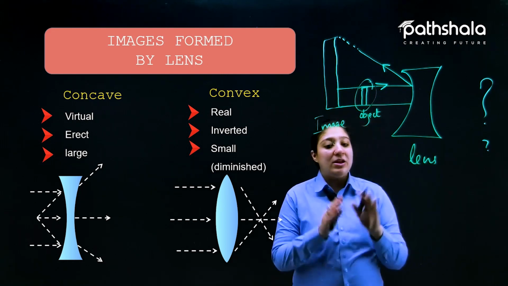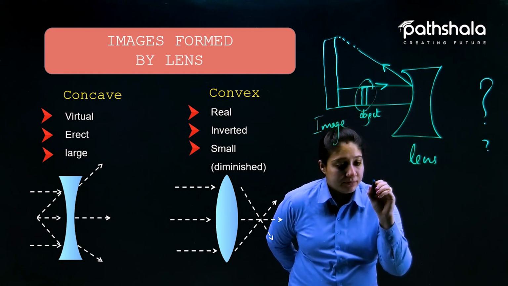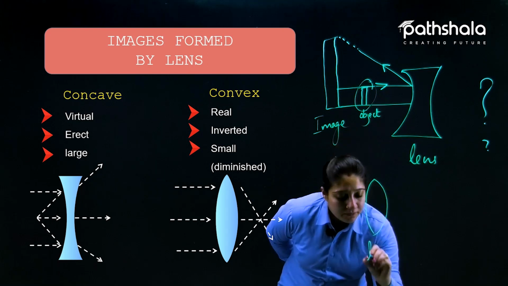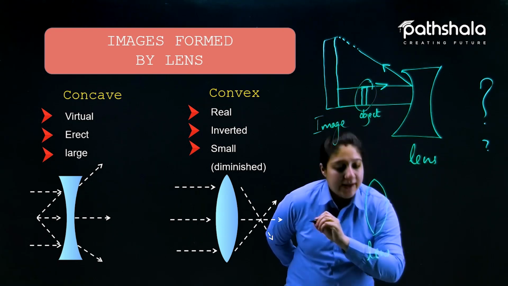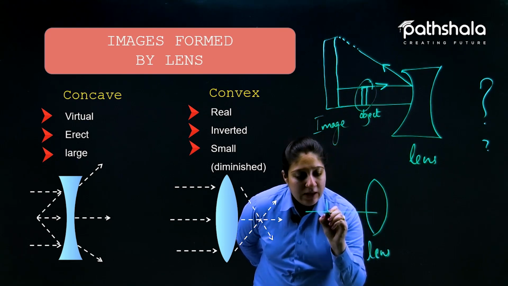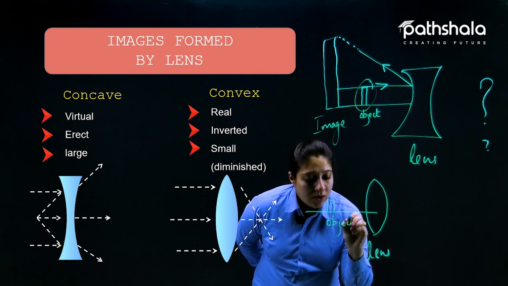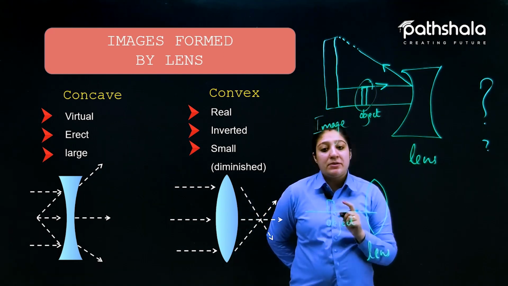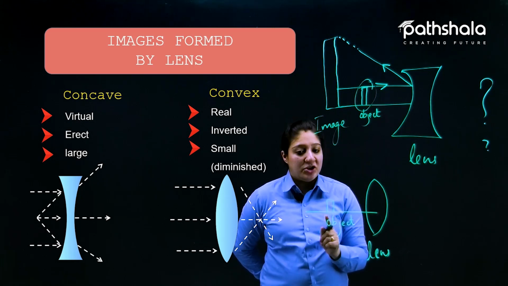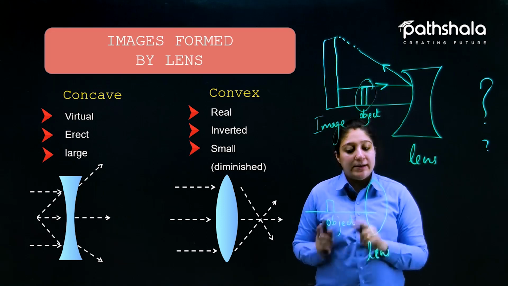Now see here how image formation in the convex lens takes place. First, we are going to take our convex lens. Again, we are going to keep our object here. When the rays pass through the lens, the lens does the refraction process that we have already discussed in our earlier slides.